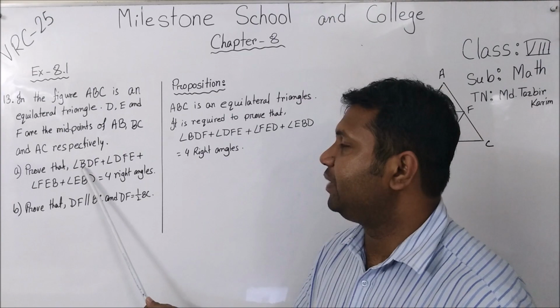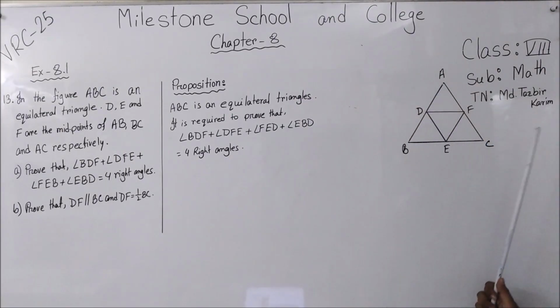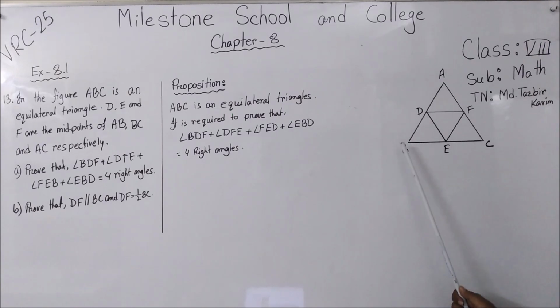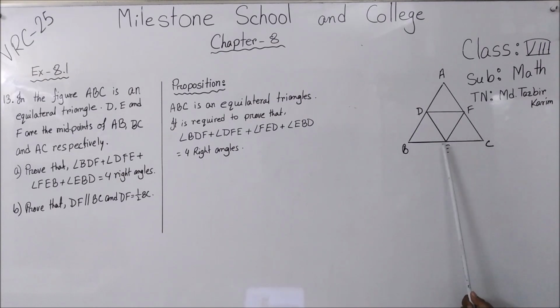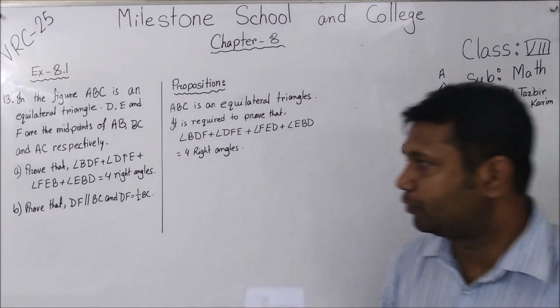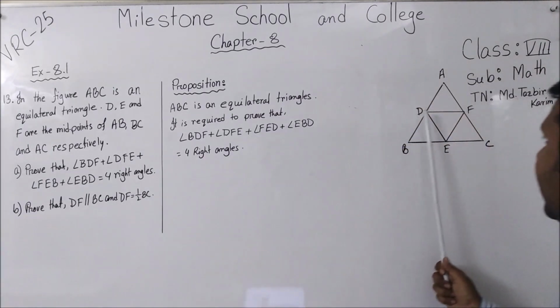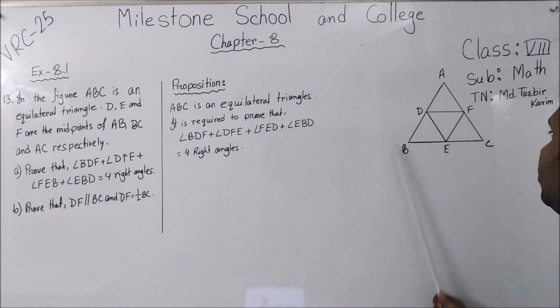First, prove that angle BDF plus angle DFE plus angle FED plus angle EBD equals 4 right angles. That we have to prove at first. Then we have to prove DF is parallel to BC, and DF equals half of BC.